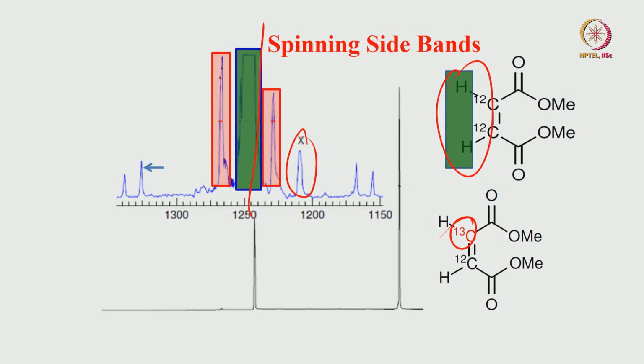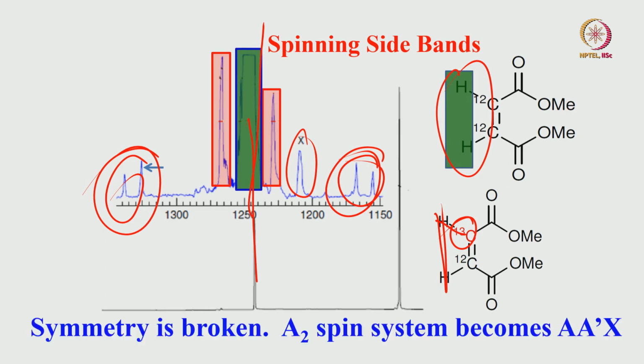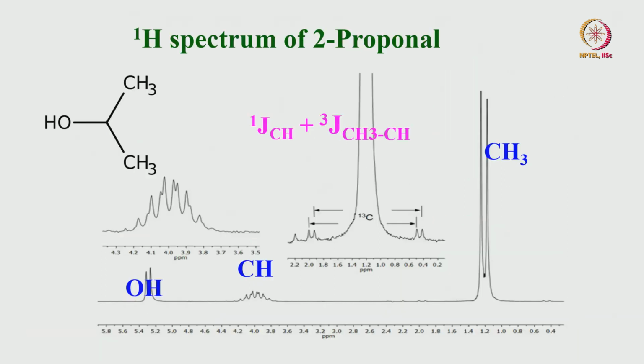Since you have broken the symmetry, now you are having a strong peak here. On either side of the strong peak, you have satellite peaks here due to 1 bond proton-carbon coupling, and each one of the satellites is a doublet because of proton-proton coupling. So, from the satellite analysis of this molecule also, you can get the HH coupling. Okay. These are some of the examples where you can get it like this.